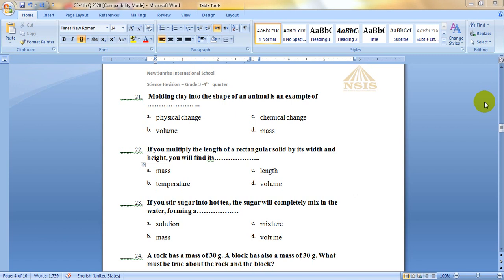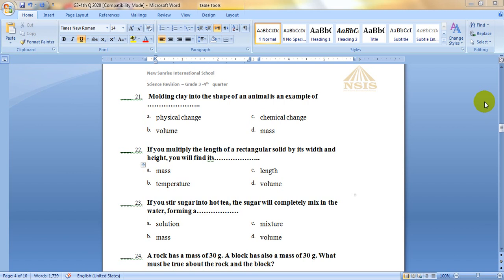The first question, number 21. Molding clay into the shape of an animal is an example of physical change, volume, chemical change, mass. You will use clay or the Play-Doh which you use to play to make shapes of some animals.